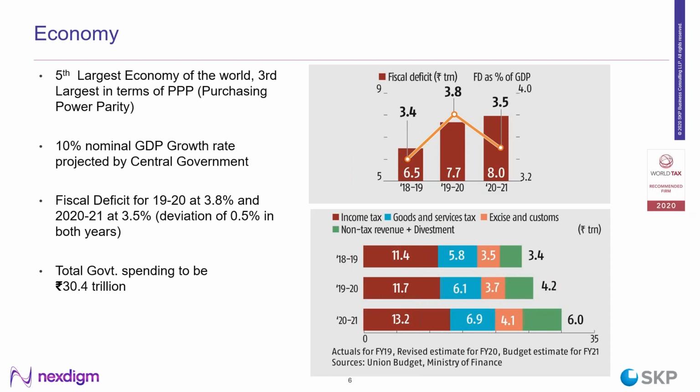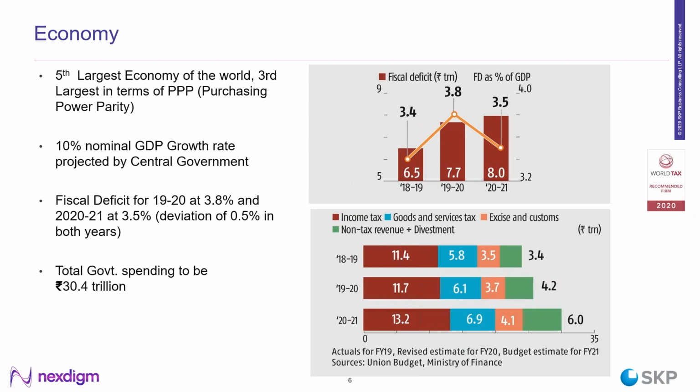One of the concerns this year was on the fiscal deficit side, whether India will be able to meet its target or there would be a huge deviation. But the guidance provided by the finance minister is that the Indian fiscal deficit would only be 3.8% as against the forecasted 3.5%.